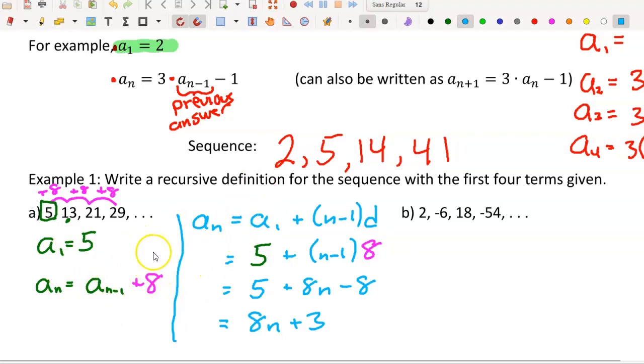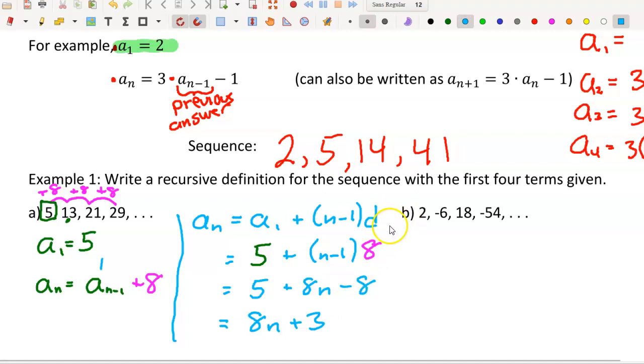But if I wanted to skip ahead and find the 352nd term, that would take a long time with recursive because I'd have to add 8 352 times. With the general, I just plug in 352 and it gives me that number without going through all the previous numbers. So they have different functions.